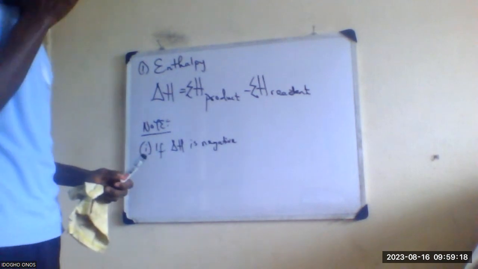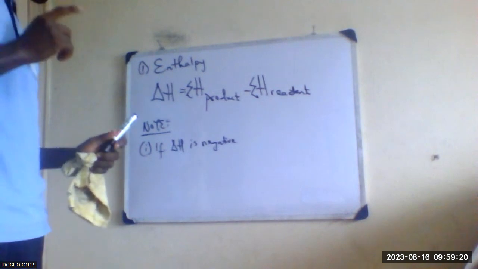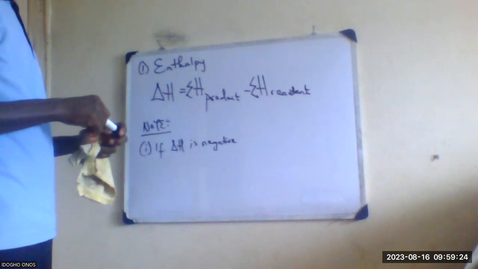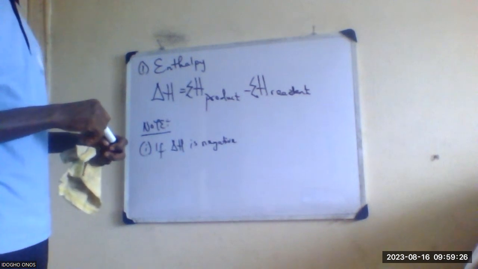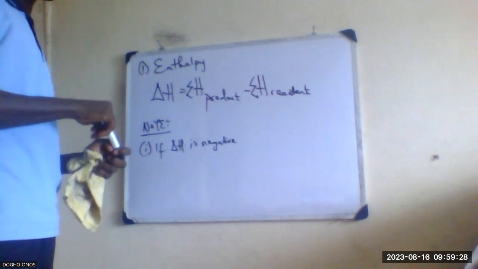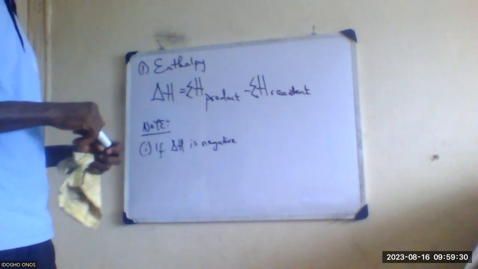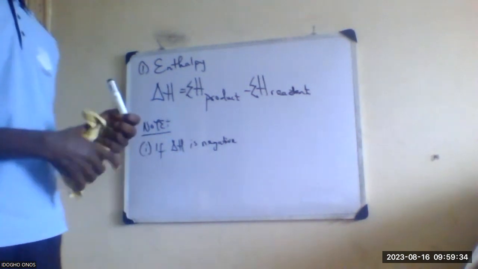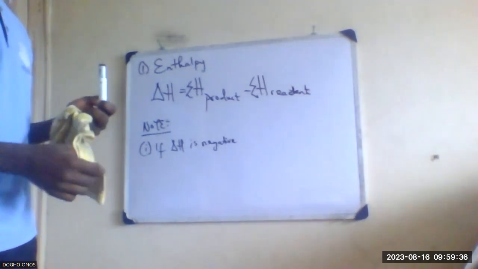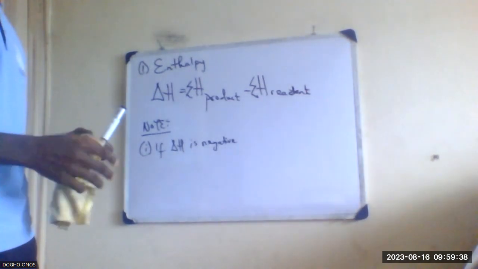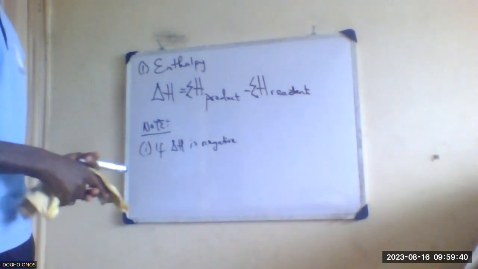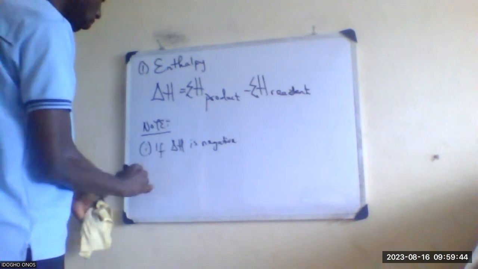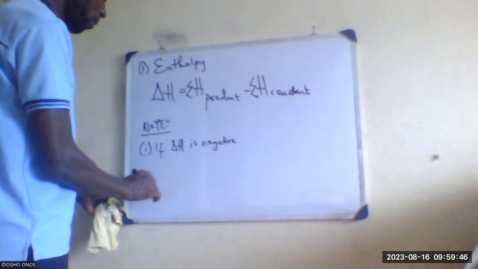Is that okay? Yes. Because the heat content of the reactant is higher than the product. That's the first one. Then number two will be the opposite of everything we just said.